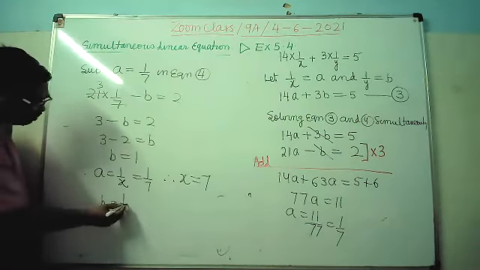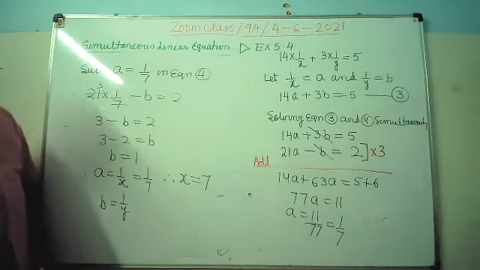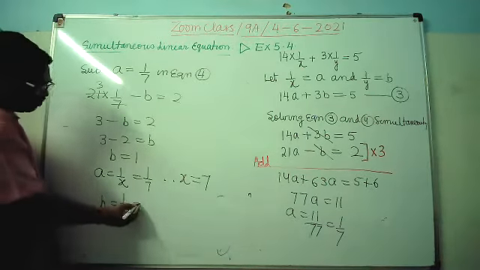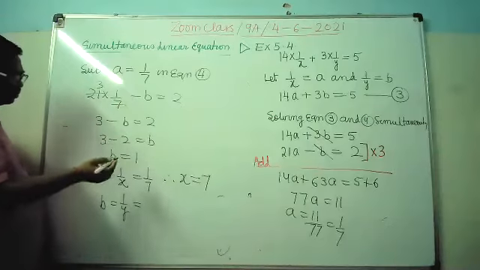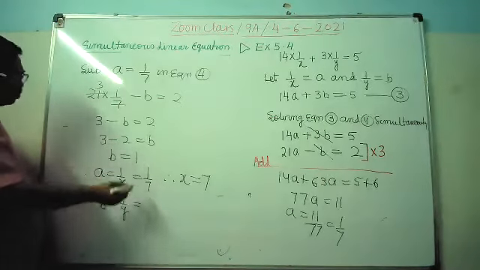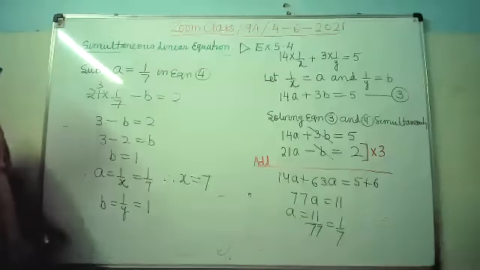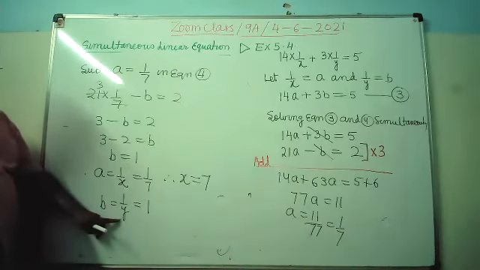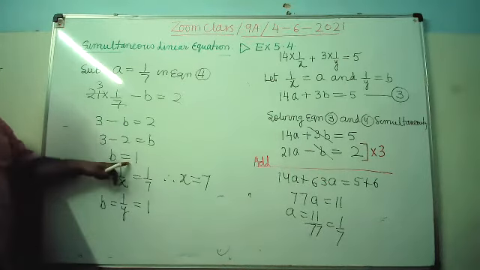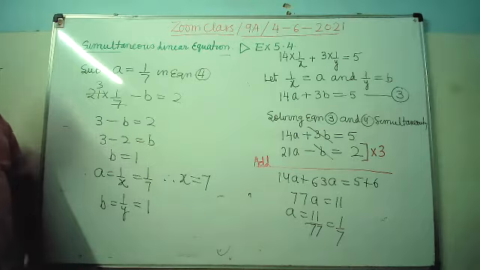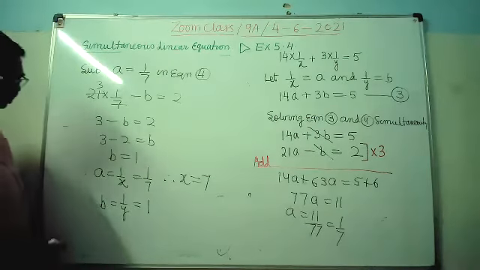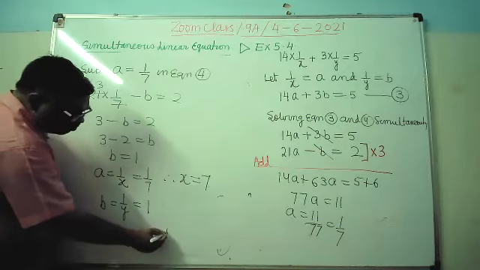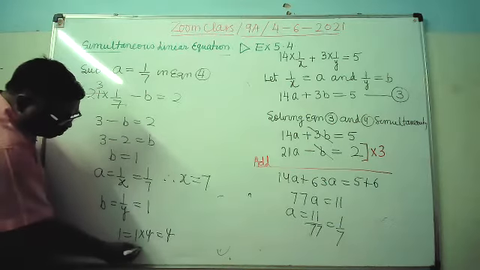Similarly b equals 1 upon y, and b you have found how much? Sir, equals 1. We substituted this, but the value of b came out 1. So you equate them. When you equate, 1 equals 1 upon y, that is y equals 1.